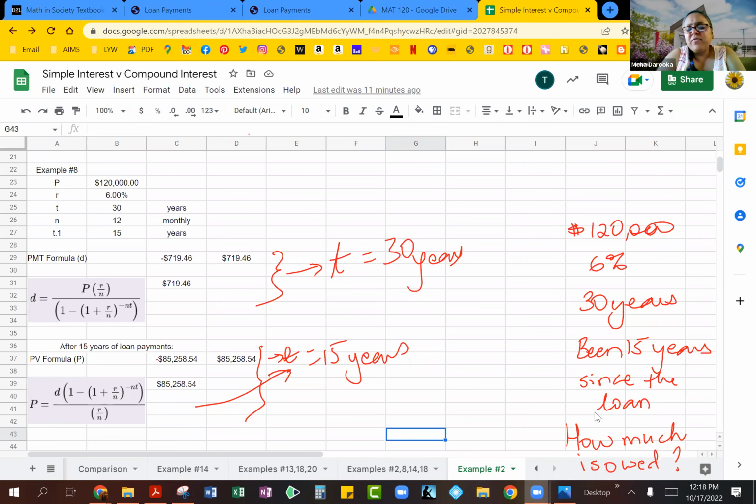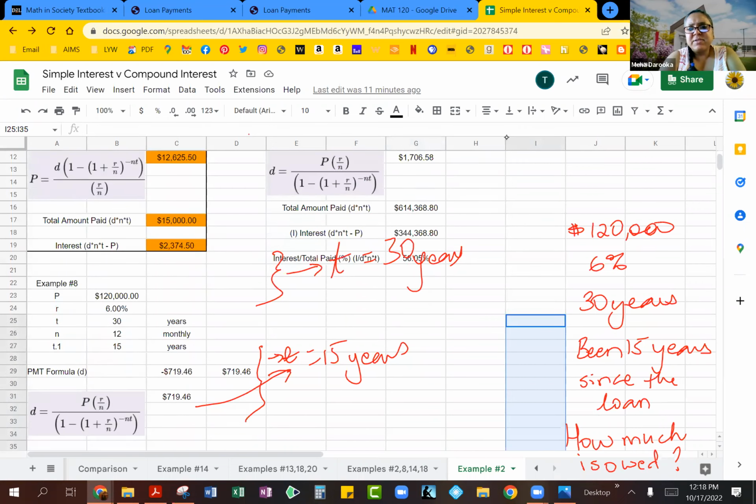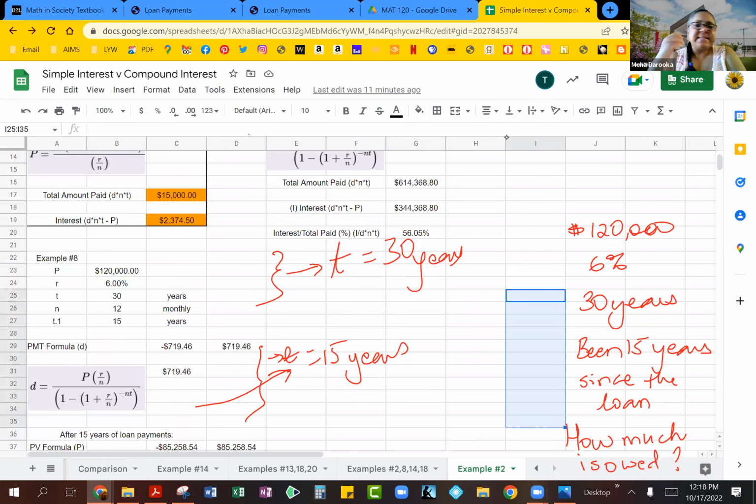Yeah, so the 344,368.80. That's what you should have as your interest, which you get from your total payment minus the loan amount.